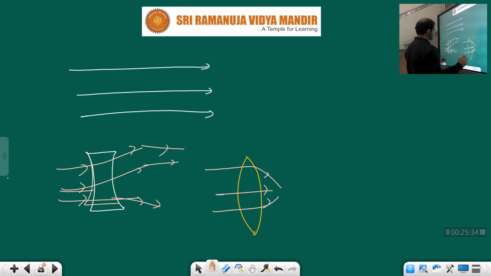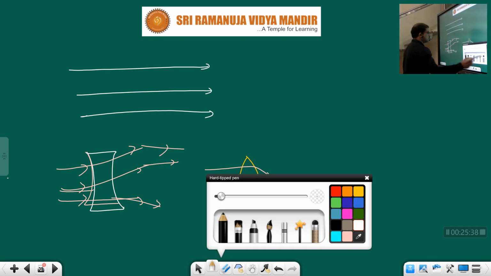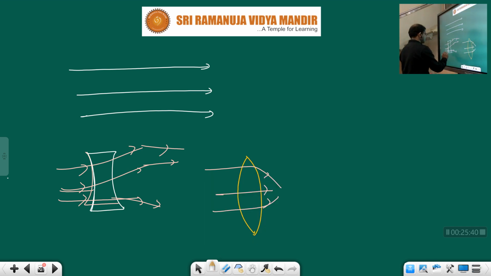If you compare these two, we can observe carefully, children, the length of the path taken by the light rays is more in the concave lens and less in the convex lens. We are using this principle in order to correct these eye defects.